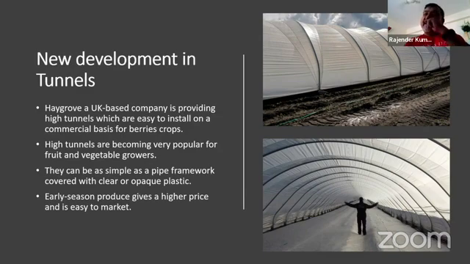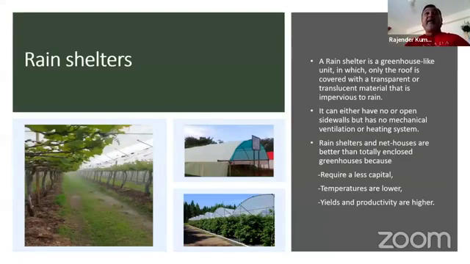The advantage with the tunnel is that you can have an early harvest, so that you can get a premium price for the produce. Then rain shelters are also becoming very popular now, especially for fruit crops like grapes, pomegranate, cherry, or apple.